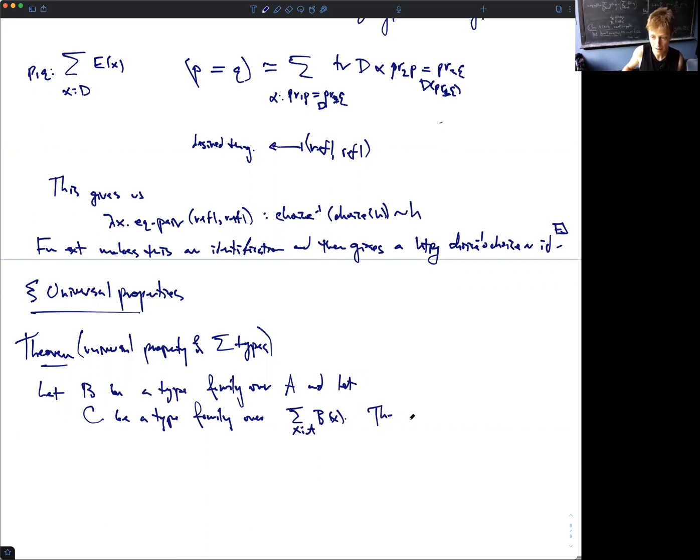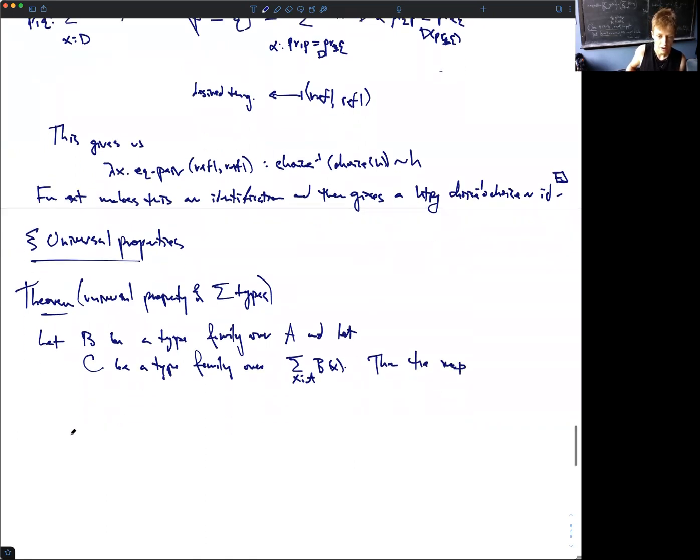So then the map, where I'm going to look at sections of this type family C, so that'll be maps out of an arbitrary term in the sigma type and into C, I'm going to compare that with maps defined just in the case of a pair.